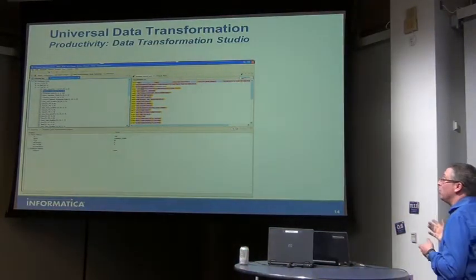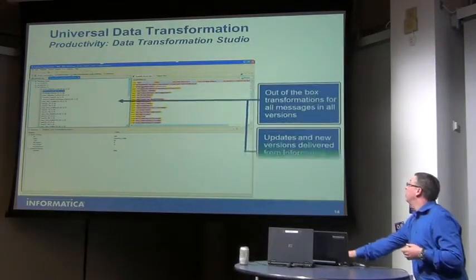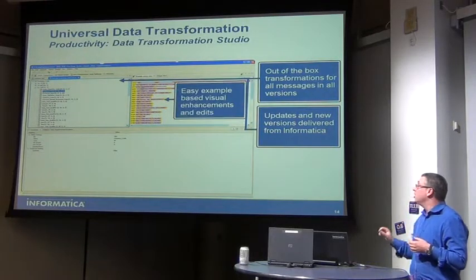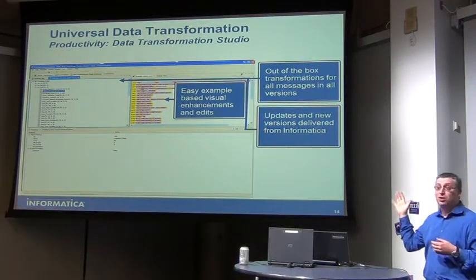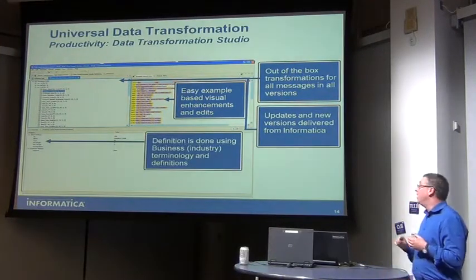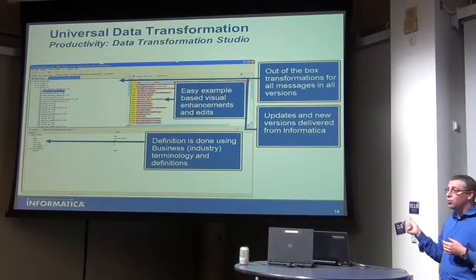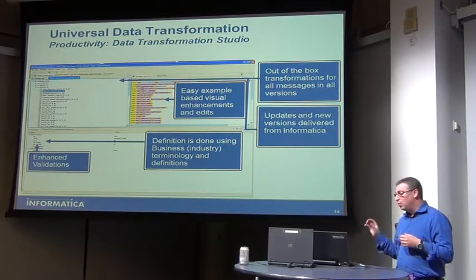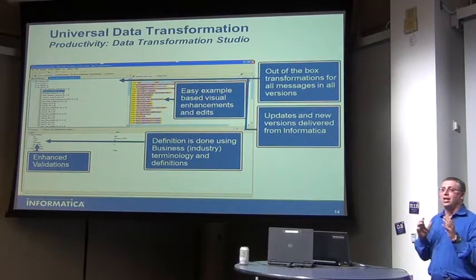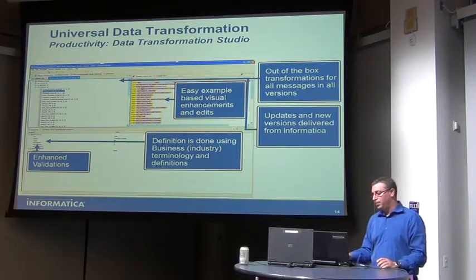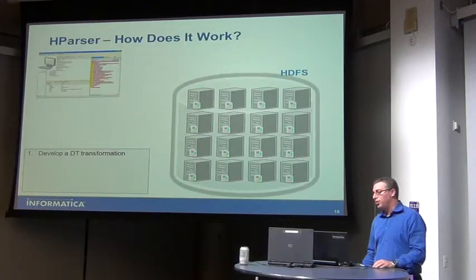So when you're looking at an industry standard, it's really critical that besides the out-of-the-box capabilities and the updates I've already discussed, you can see that your data really works according to the standard, that it's not somewhat of a variation of the standard, and that you can change the definition, make it more flexible or more strict depending on your specific needs, and really enhance validation, so you're getting the data not just in the right format, but also with the right value and the right quality. All of these are additional capabilities built into the environment.